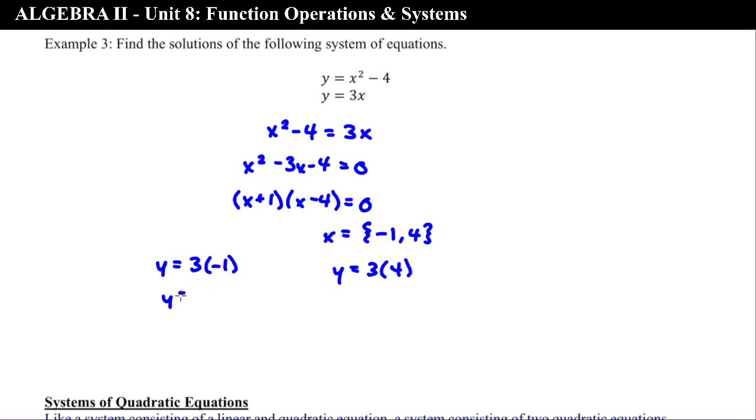So y is going to be negative 3 for negative 1, and y will be 12 for x equals 4. So we have our two coordinates. Our solutions are negative 1, negative 3, and 4, 12. And you can graph both of these equations in Desmos or some other graphing utility and confirm that answer.